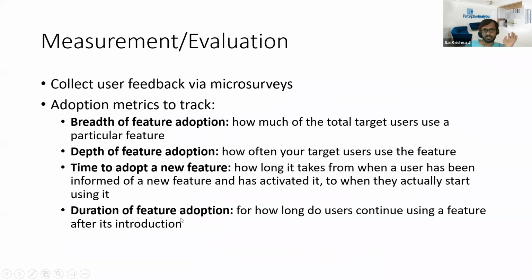And then there are certain other metrics for evaluation as well. You can collect user feedback via micro surveys. Now, a micro survey is different from your conventional survey. Typically in many websites you might have come across this terminology called TLDR. They will have a TL;DR. That stands for too long, did not read.